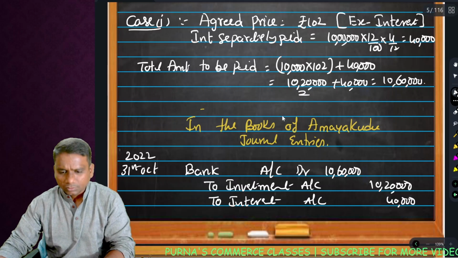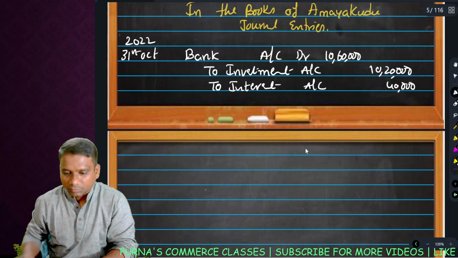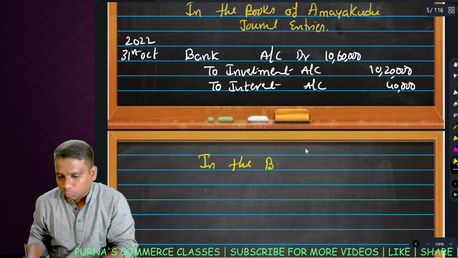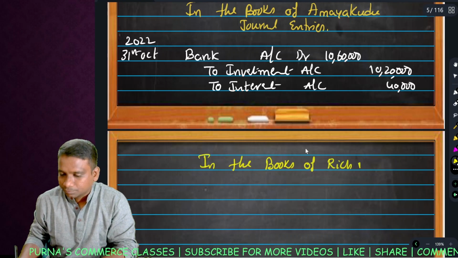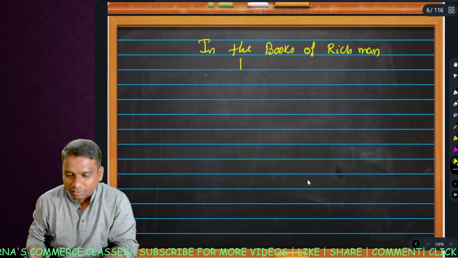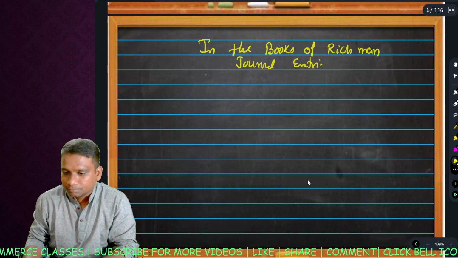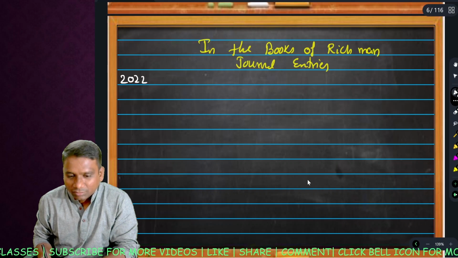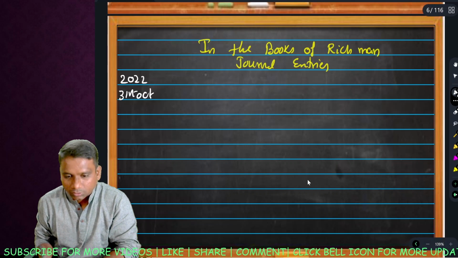Now in the books of Rich man, what are the journal entries? Look at, he is purchasing investment, he is the buyer. Okay, 2022 31st October.